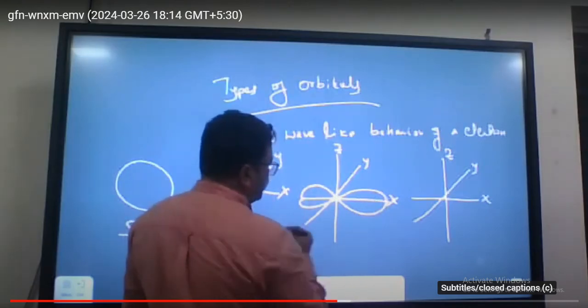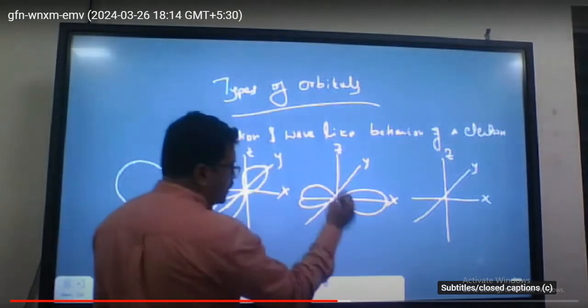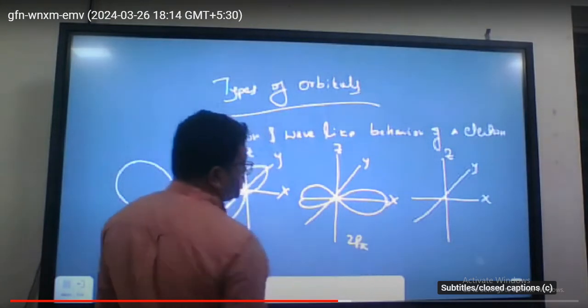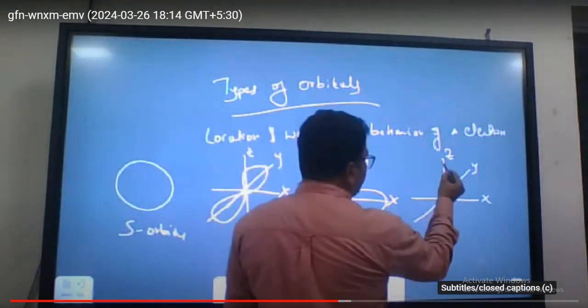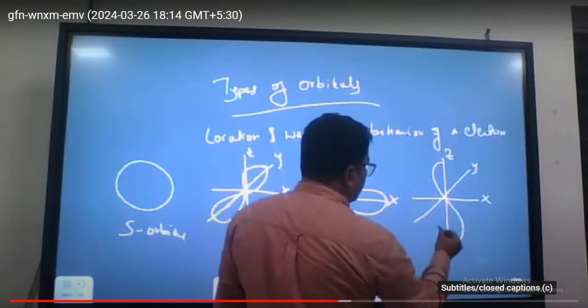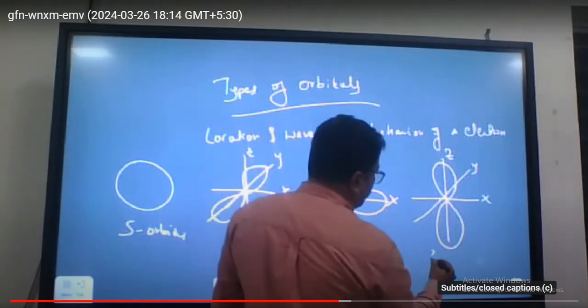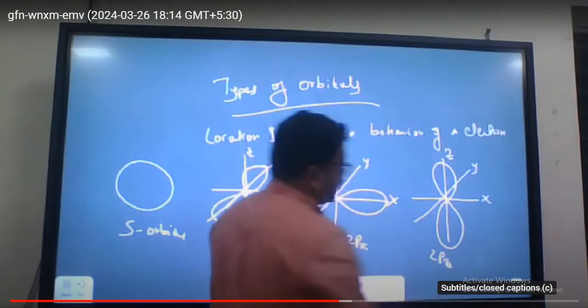If the electron rotates around the nucleus in this shape, we call it 2px. Next, the probability of finding an electron in this region is maximum. That's why it is the 2pz axis electron.